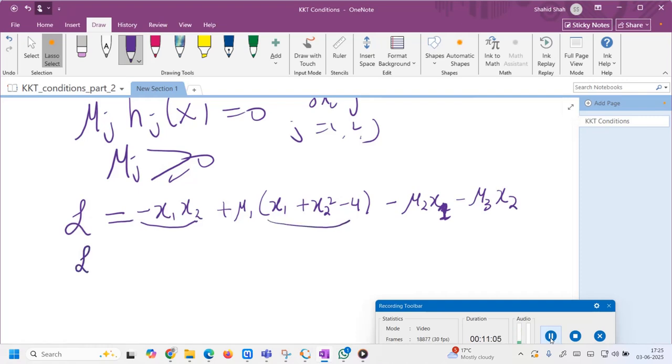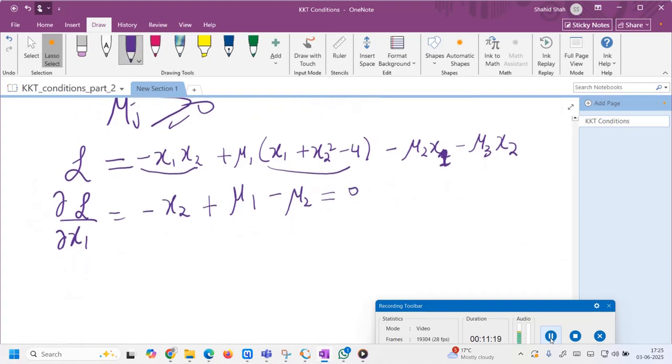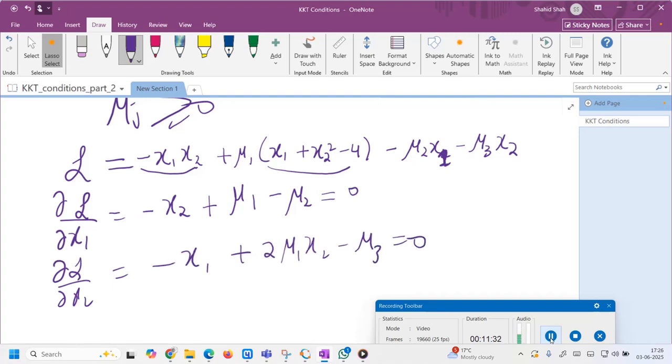Now del L upon del x1 is minus x2 plus mu1 minus mu2 equal to 0. What is the other equation? Del L upon del x2 is minus x1 plus 2 mu1 x2 minus mu3 equal to 0.